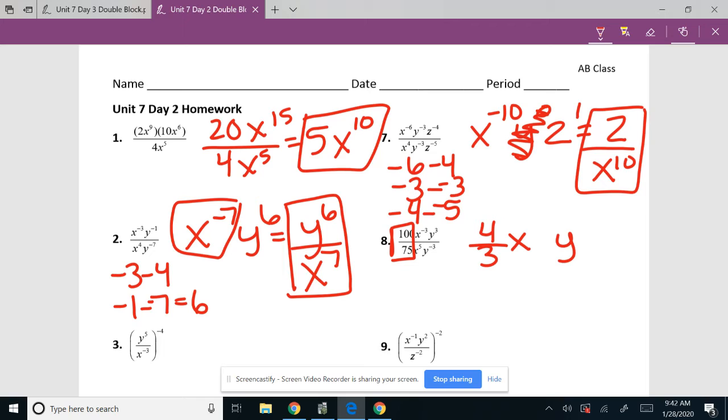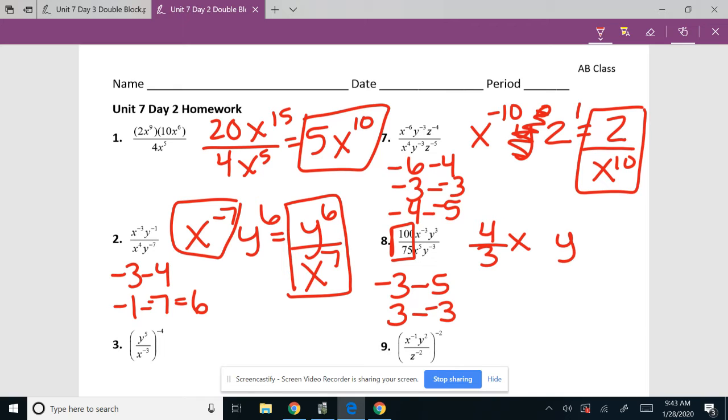You remember we're dividing. -3 minus 5. Whatever you get for that number is going to go for the x. 3 minus the -3. Whatever you get for this number is going to go to the y. Then your last thing to do is to see if you have any negative exponents. And if you do, then you're going to have to switch. If you end up having to switch it, that means that variable and its exponent is going to go down to the bottom with the 3.